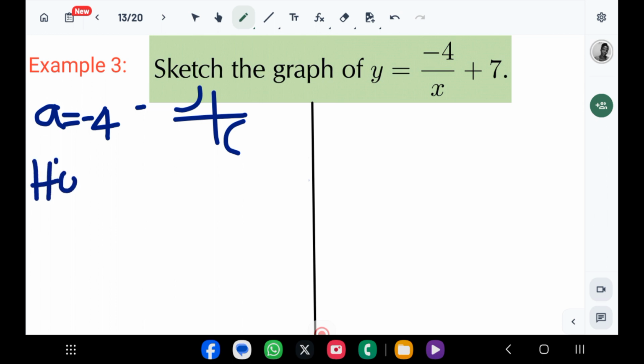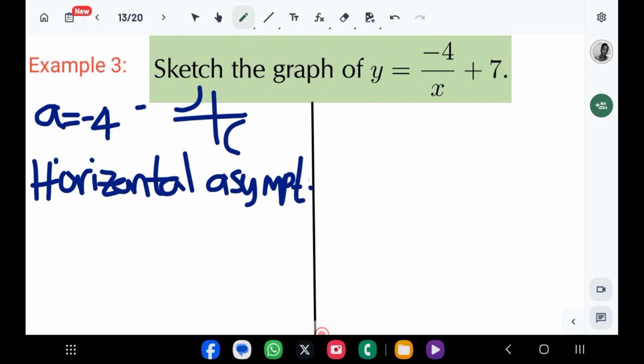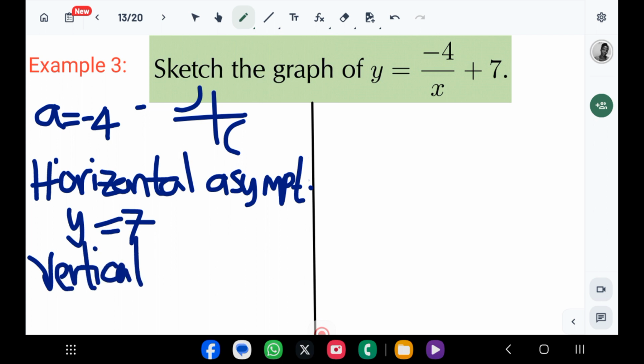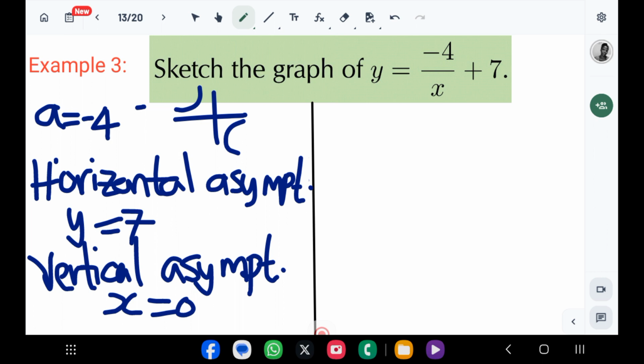Let's find the asymptotes. The horizontal asymptote will be y equals 7. The vertical asymptote does not change, it will be x equals 0. For the y-intercept, you make x 0.